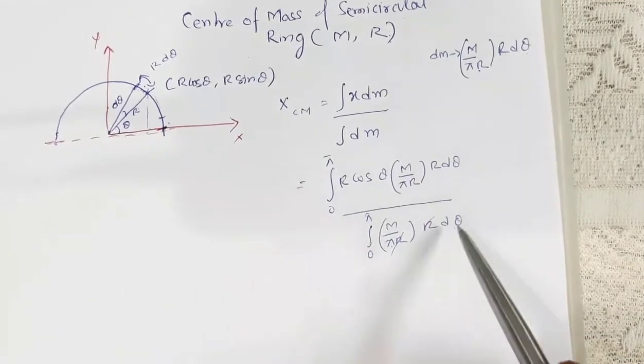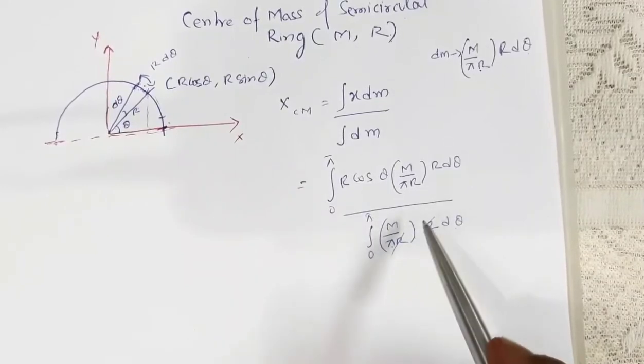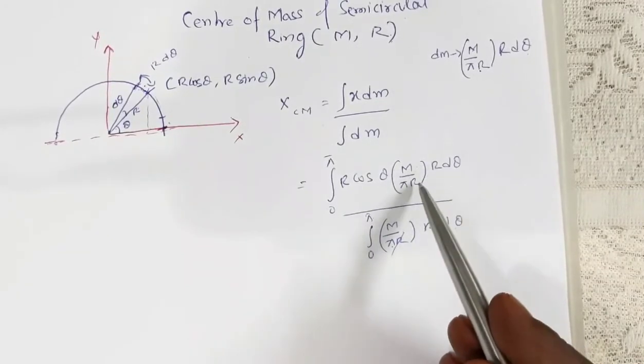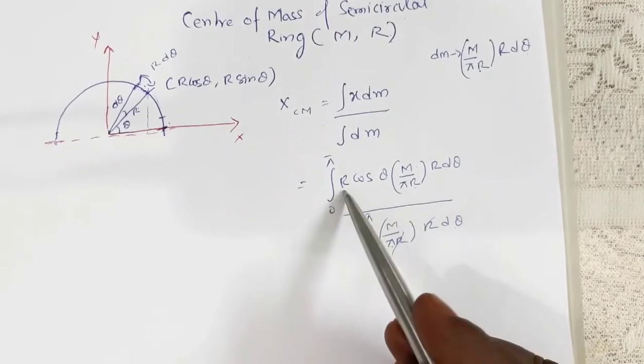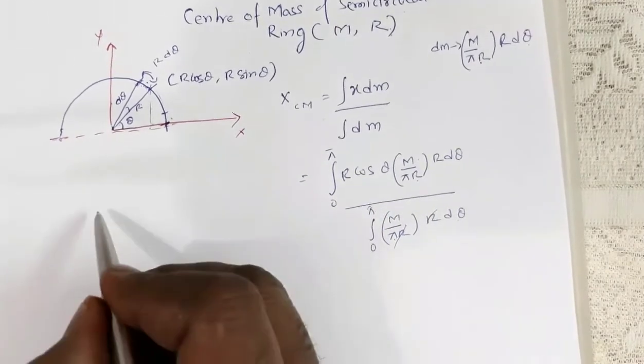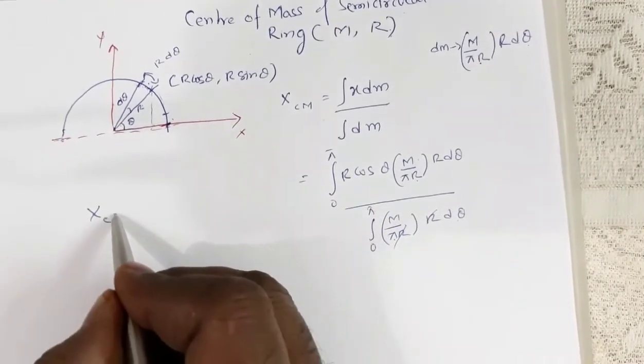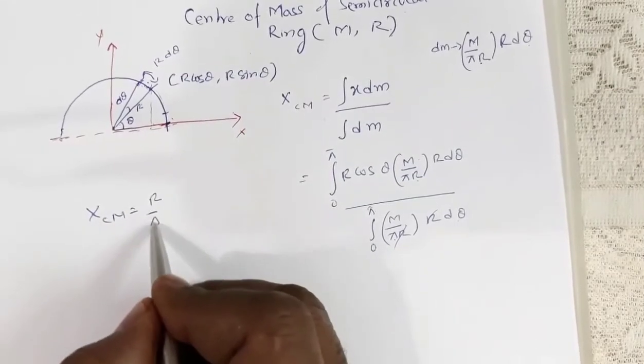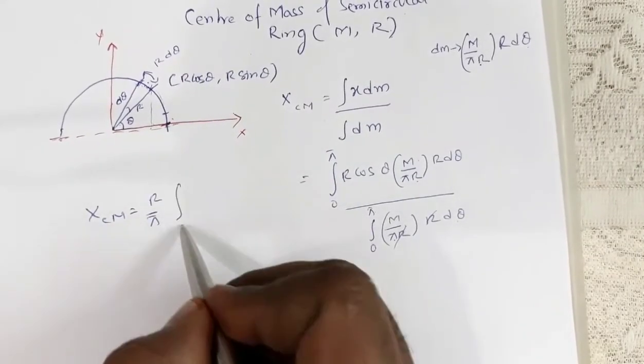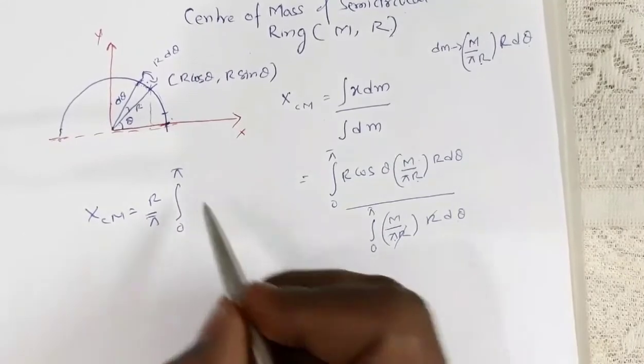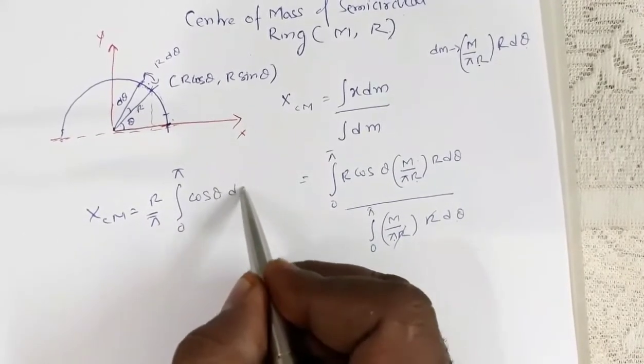Okay, now this is total mass m. This m and this m cancel out, this r and this r cancel out, so you are left with r by pi. So XCm is equal to r by pi integral 0 to pi cos theta d theta.